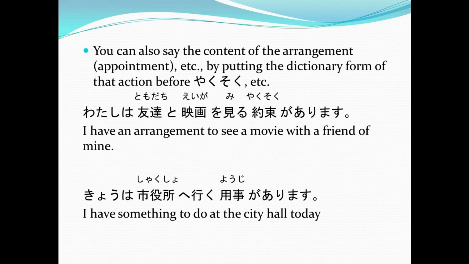Or I have something to do at the city hall today. So notice the 行く用事 is the something to do part, or the part where there is an appointment. わかりましたみなさん?